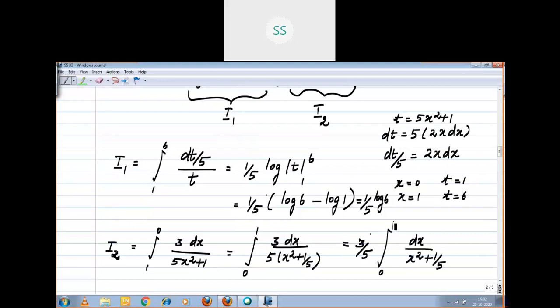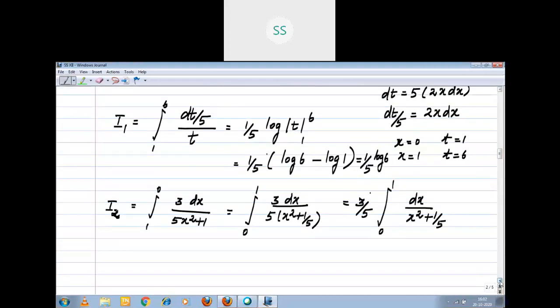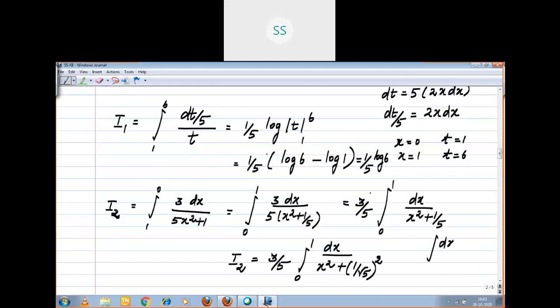You are thinking that it doesn't look like your standard form. I am going to convert it. I2 equals 3 by 5 integral 0 to 1 dx divided by x square plus (1 by root 5) the whole square.